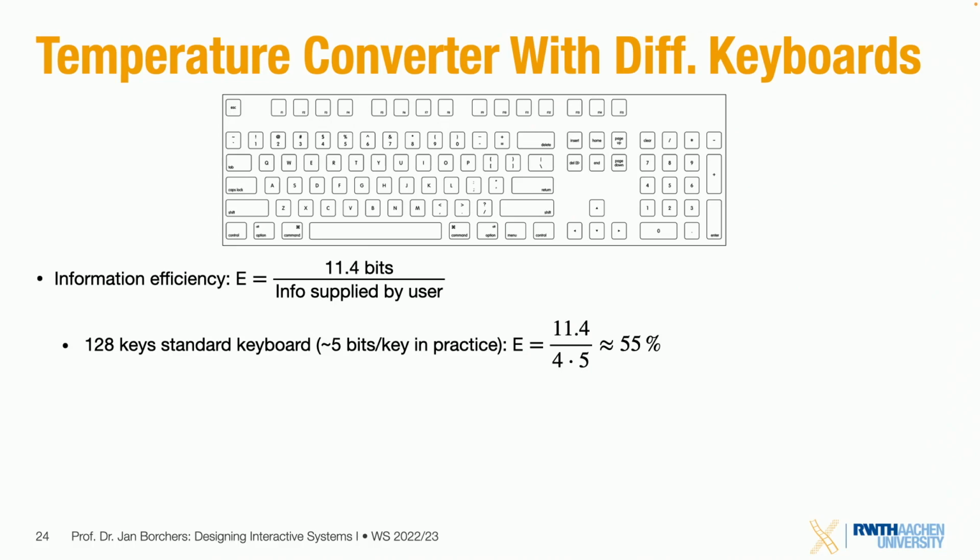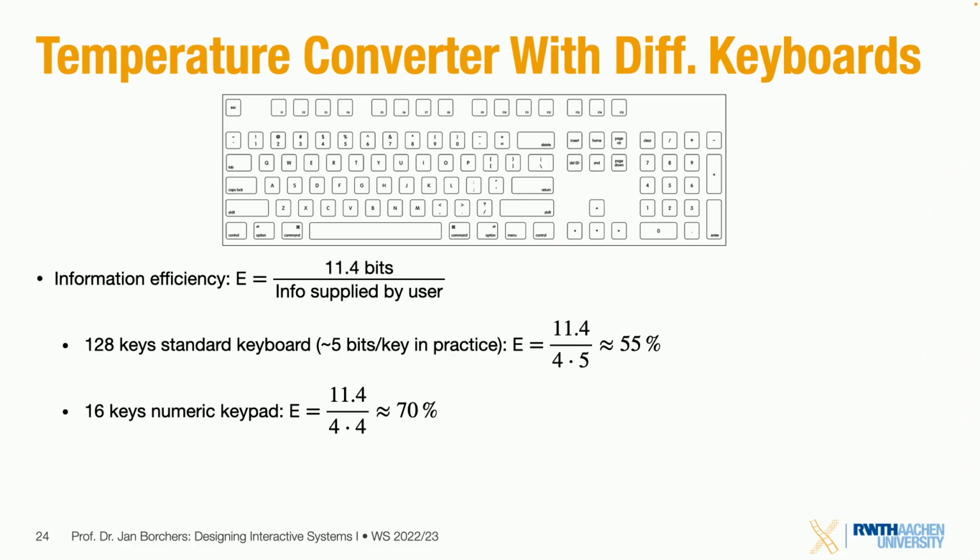So what that means in practice is letting Bob do the temperature conversion task with a 128 key full-size PC keyboard is pretty inefficient from a device point of view. If, on the other hand, you gave him just a numeric keypad, so just the stuff up here, which has 16 keys, it's much more effective. You are at 70% effectiveness.